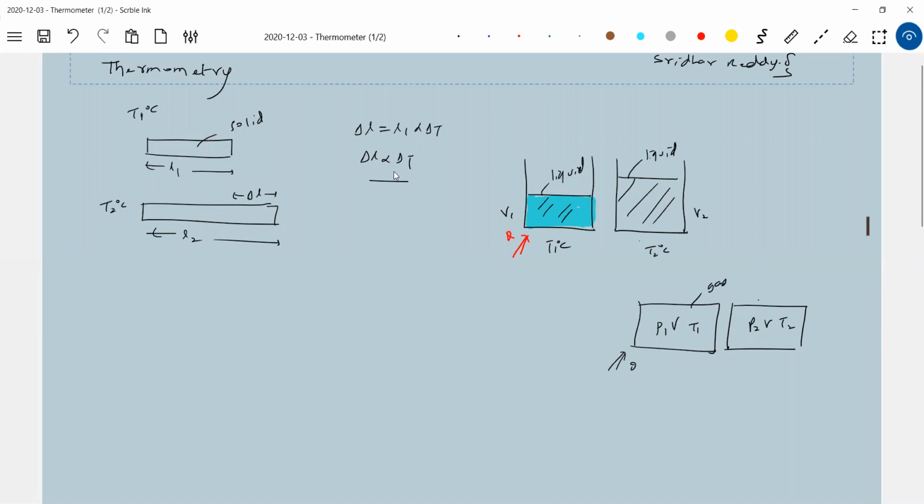Now, one more advantage with gases is that, instead of this, it can also happen that the pressure will be constant, whereas the volume of the gas will be changing. I think I'll give a better diagram.